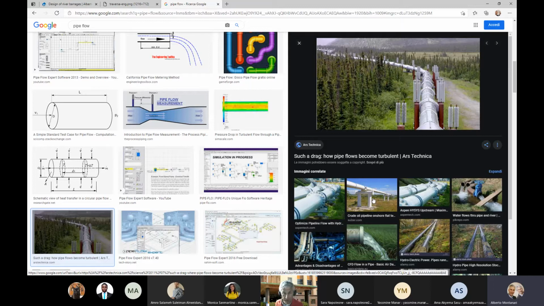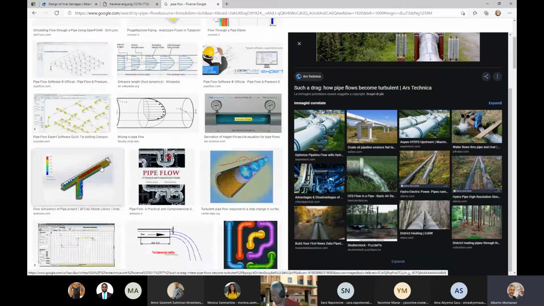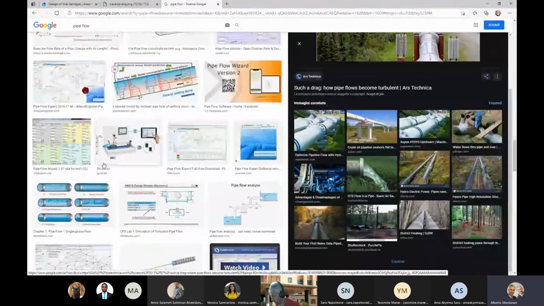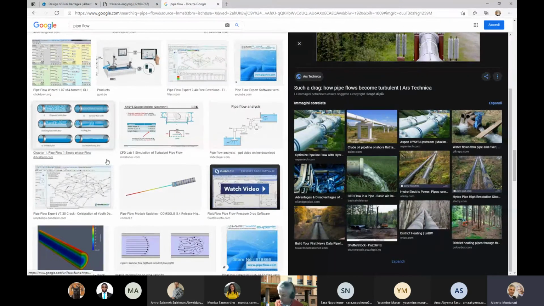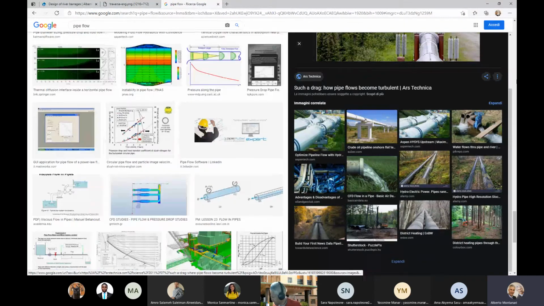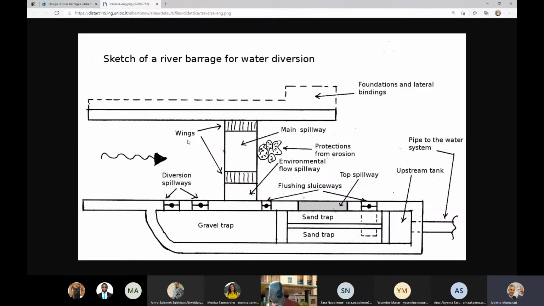So if I'm going too quickly, and if you want to discuss more the pros and cons of these two solutions, pipe flow and open channel flow, just let me know, okay? It's absolutely not a problem. And it's also an opportunity to learn, because only if we discuss do we really take advantage of the full opportunity to learn. Okay, very good. I think we can close this parenthesis and go back to our structure.